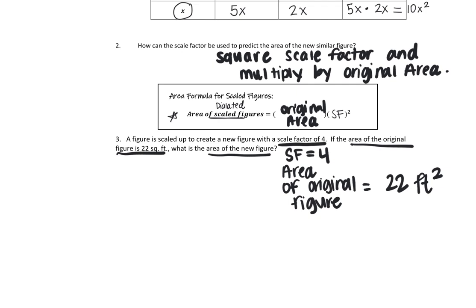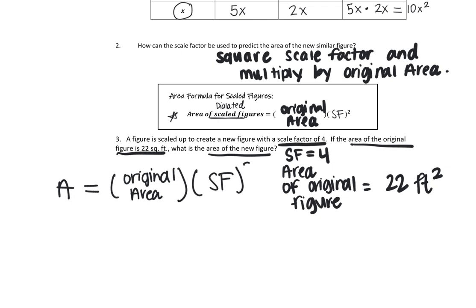So I'm going to write, A for area of the scaled figure equals, I know I need to do my original area first in the parentheses, and then in the other parentheses I fill in my scale factor and I square it.